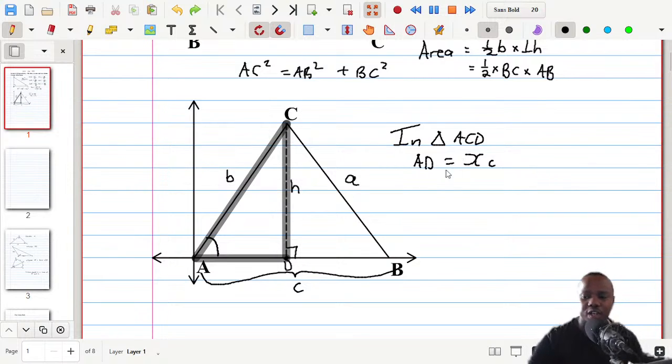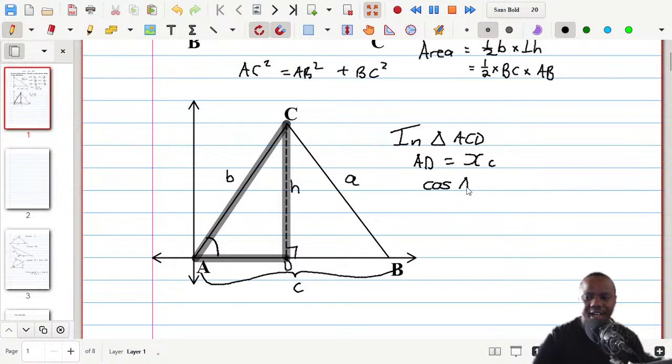We could use the trig ratio of sine. So sine of A is equal to the opposite, H, over the hypotenuse, B. Whoops, I made a little bit of a mistake here. We are supposed to use cos because we're looking for AD.